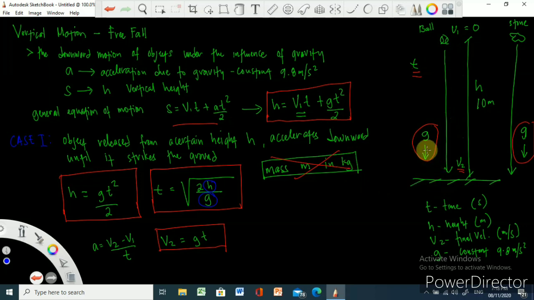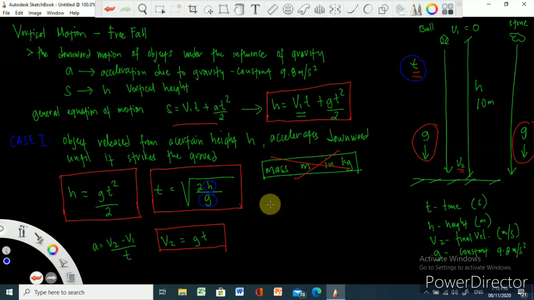Syempre, pag malakas ang gravity, like for example in other planets, mas mabilis yung acceleration downward. Mas mabilis yung time in the air nila. Mag-drop ka ng object sa moon wherein there is no atmosphere, wherein the gravity is very weak, 1/6 than that of the earth. Then it will take longer for it to fall doon sa surface ng moon because of weak gravity. Okay ba yun? Basta na nag-gets nyo yun, ha?